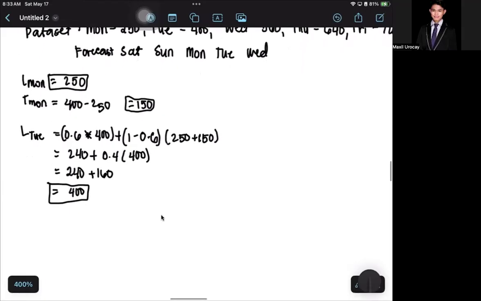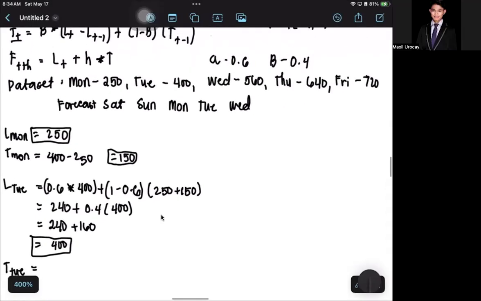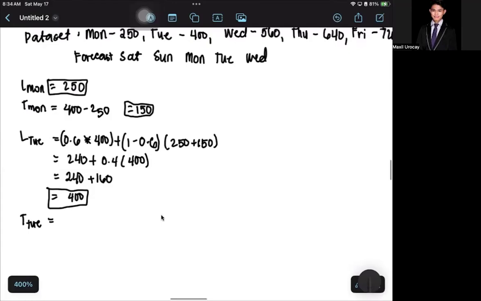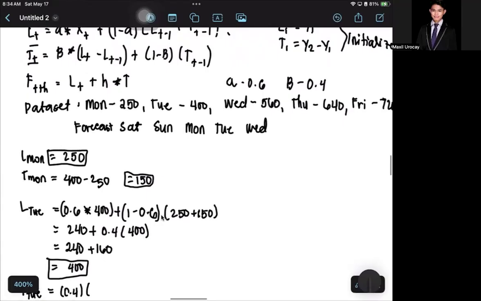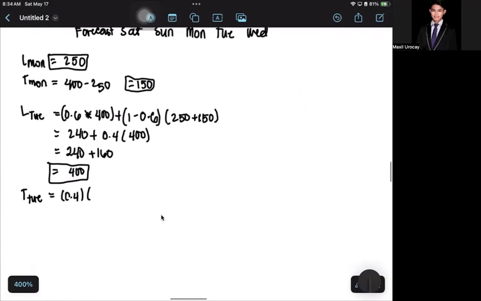So the same thing with your data that you have. Then your Tuesday trend is given with a formula where your beta right now is 0.4 times the level trend, minus the level trend minus 1, plus 1 minus beta, then times the trend t minus 1.